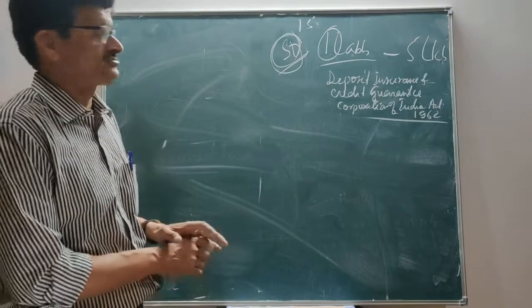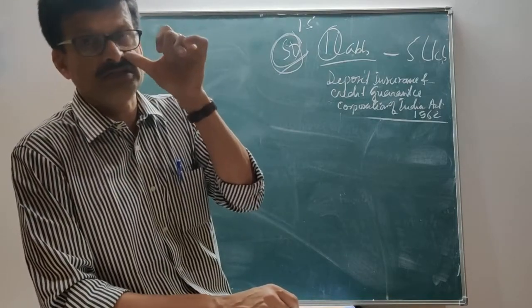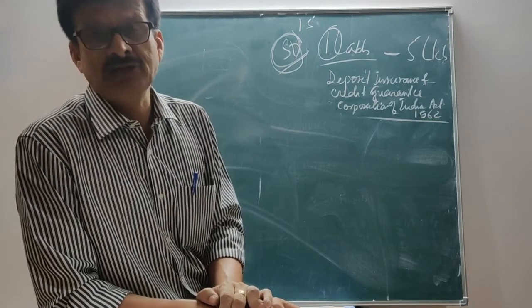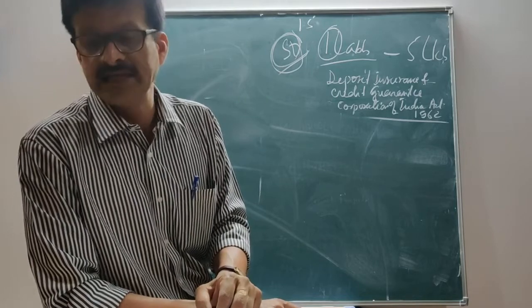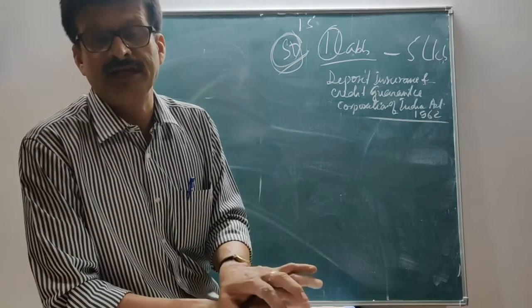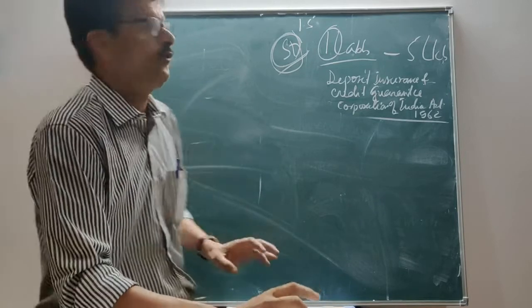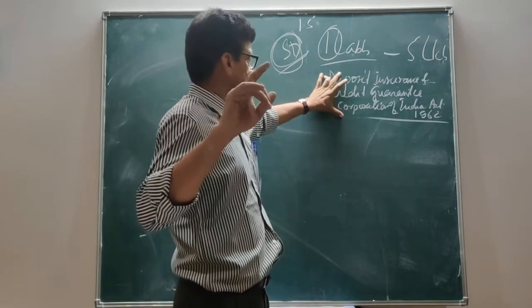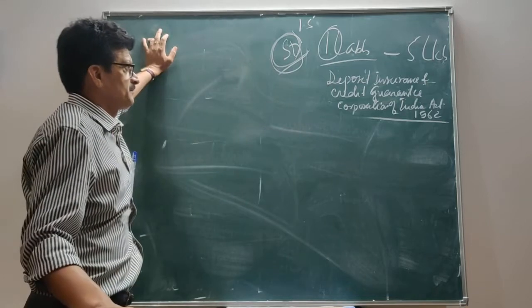The scheme is of extreme use. You understand? The main objective of the Deposit Insurance Act is to give protection to the depositors, especially the small depositors, against the risk of losing their hard-earned savings in the event of a bank's inability to meet its liability.